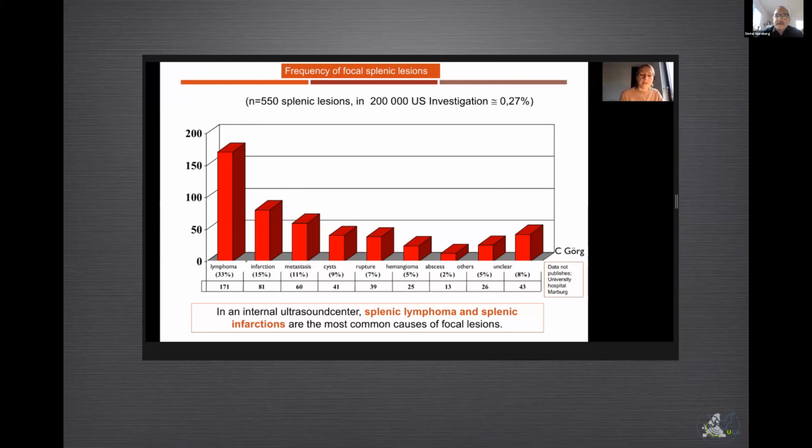You have seen that picture already in the lecture of Corinna Trenker. That is from the study of Christian Görg and the team of Marburg University, and they found 550 splenic lesions in a lot of examinations, and most of them, as they are working in an oncological department, were lymphomas, infarction, metastasis, cyst, rupture more seldom, hemangiomas and others.